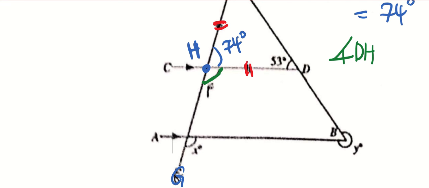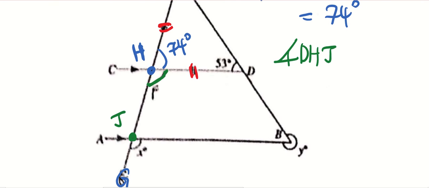So if I write angle DHJ, the examiner would not know which one you're talking about. So let's just add in letter J, but please annotate in the diagram so the examiner knows what you're talking about. Otherwise, you may not be given any mark because the examiner doesn't understand what you're writing.